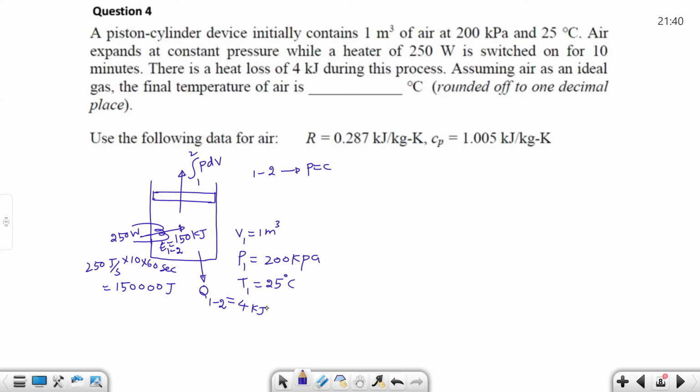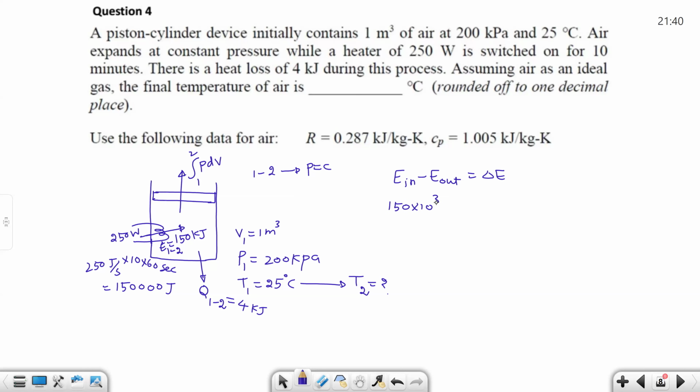Assuming air as an ideal gas, what is the final temperature of the air? The initial temperature is this. What is the final temperature? This is what we want to find out. Here we can apply the energy balance equation: energy in minus energy out equals change in energy of the system. Energy in is, maybe we will write in joule, 150 into 10 power 3 joule.